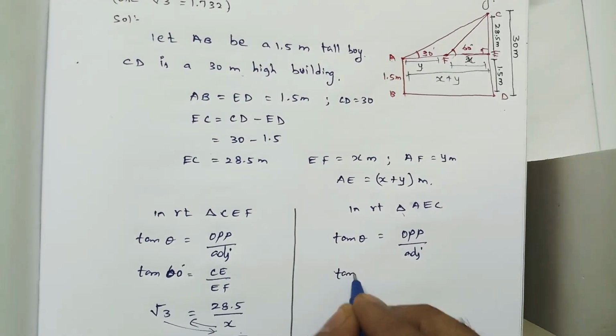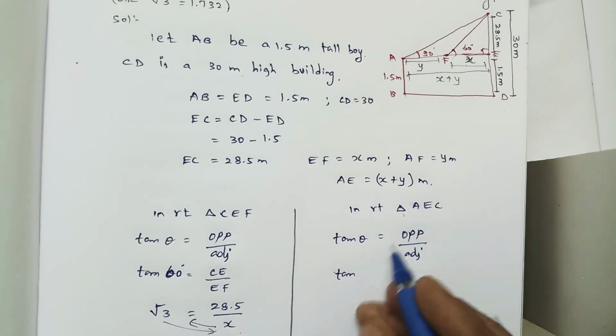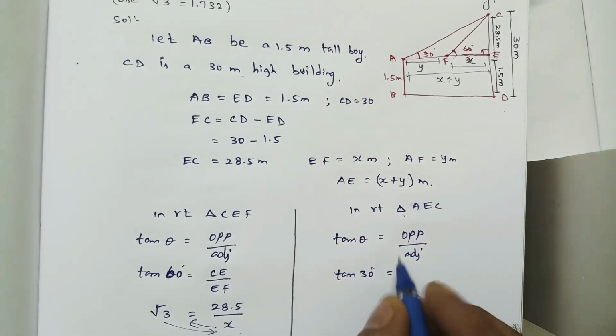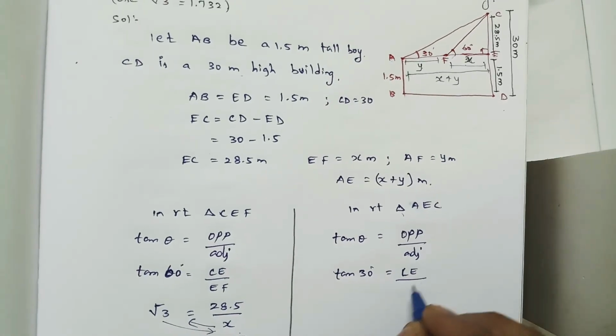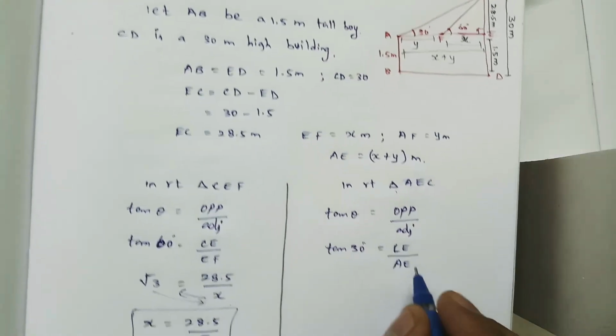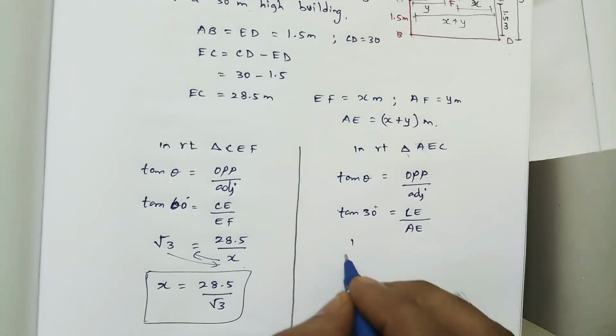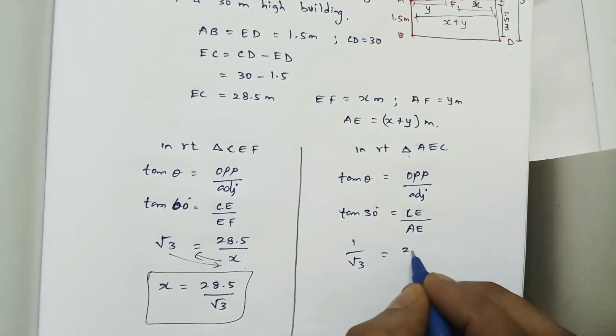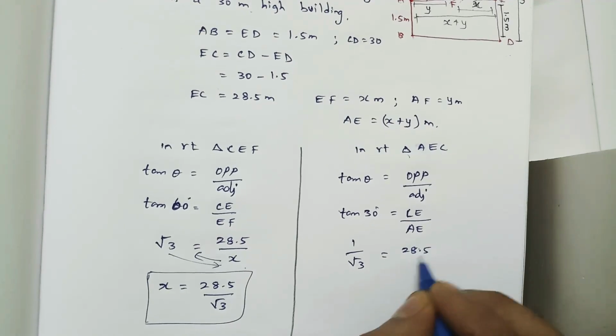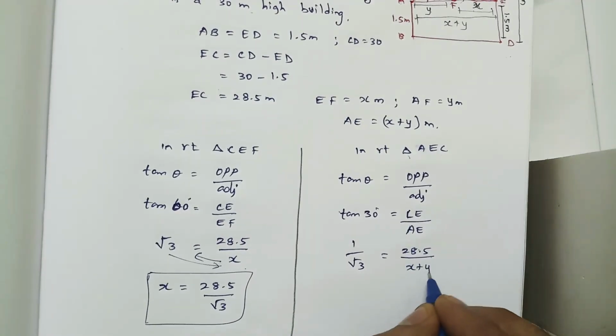What is theta for this right angle triangle AEC? 30. Tan 30 degree is equal to opposite side, that is CE divided by AE. What is the value of tan 30? 1 by root 3 is equal to, CE is something, what is it? 28.5 divided by X plus Y, right?